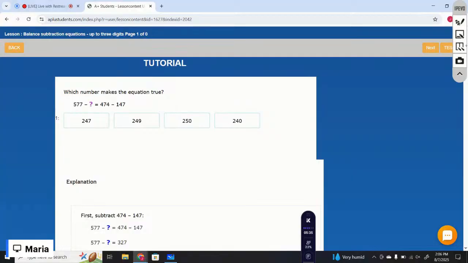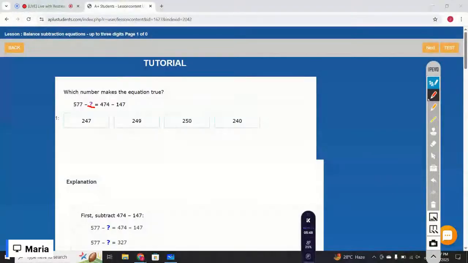So you need to balance the equation. Balancing equation means both sides' answers must be the same.